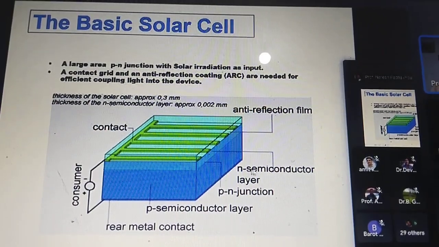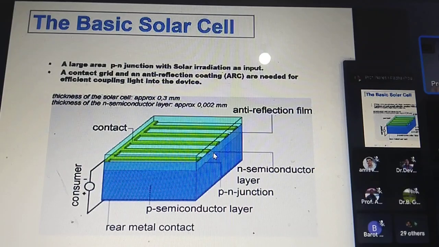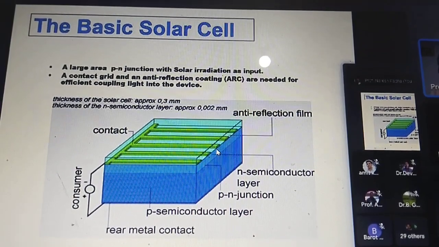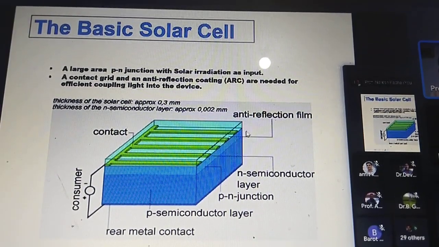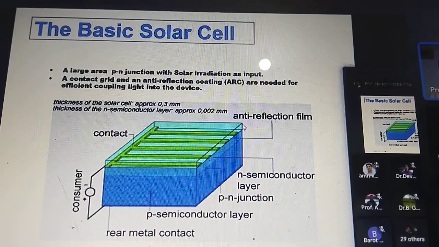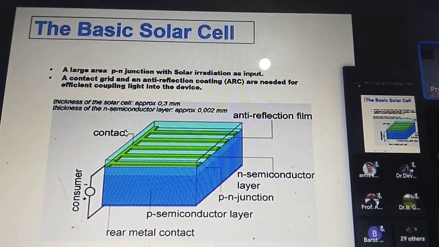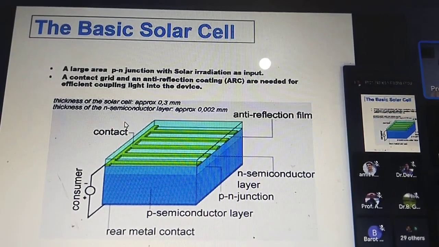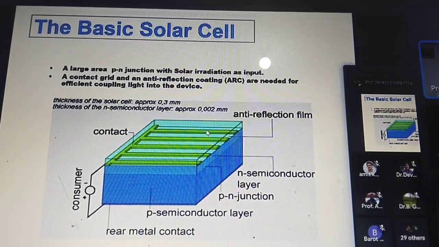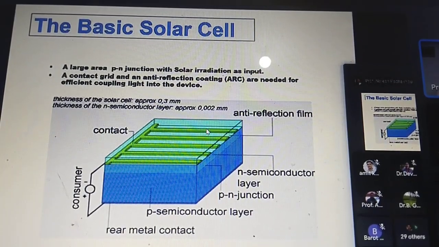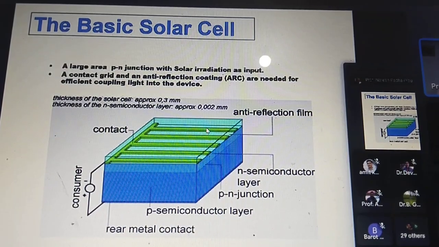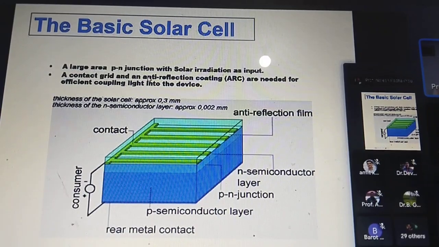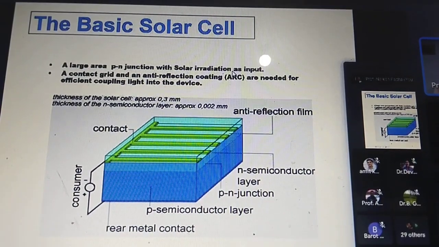On P-type, there is an N-type layer, and this is a PN junction, right? And on that we put an anti-reflection film. On that we put these contacts, which we also say grid, we also say fingers, like that.